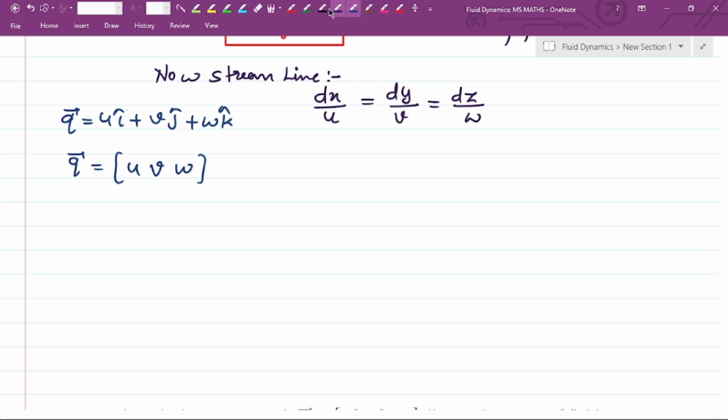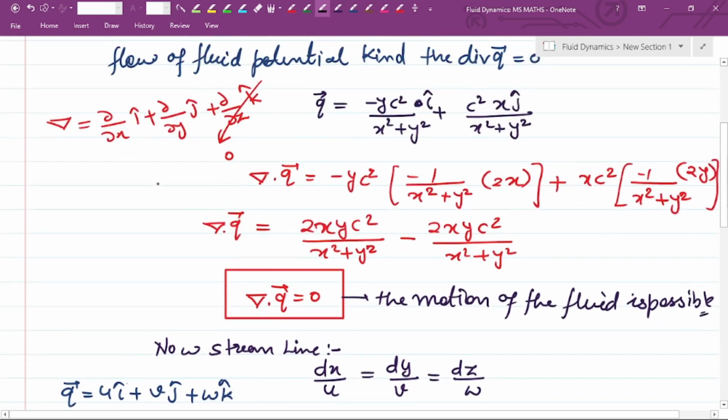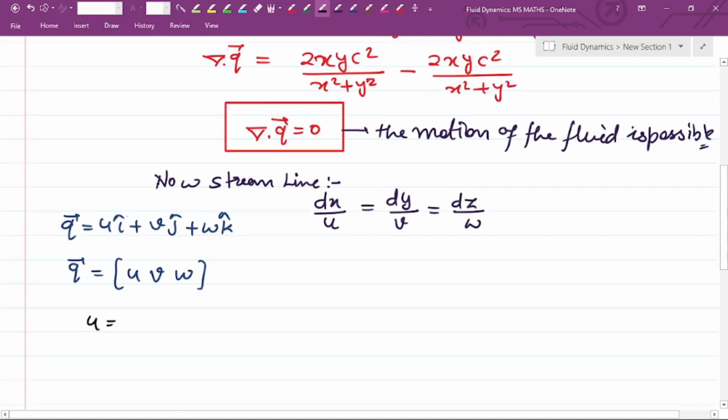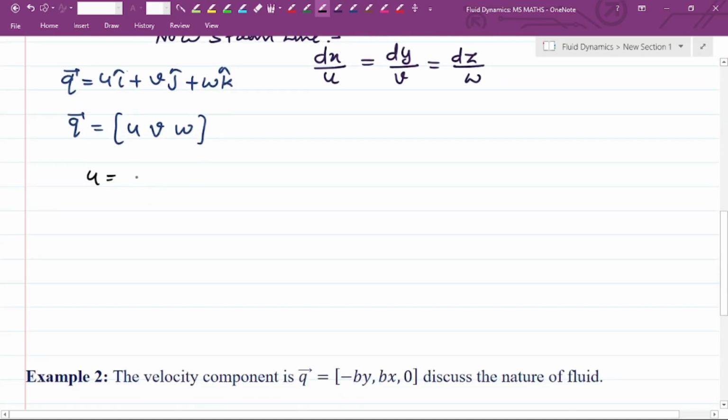So in this question we have u equals the coefficient of i, which is minus y into c square upon x square plus y square, and v is x into c square upon x square plus y square, the coefficient of j.